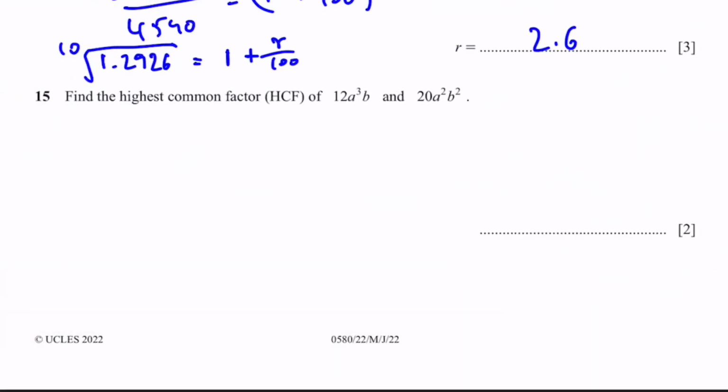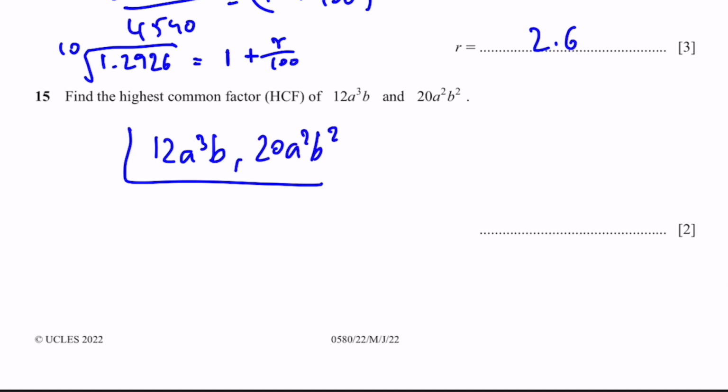Question 15. Find the highest common factor, HCF, of 12a cubed b and 20a squared b squared. So let's use a normal HCF method except it's algebraic terms. First let's see the a's.